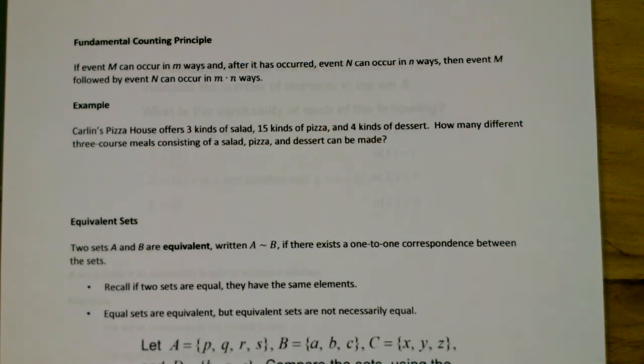For example, Colin's Pizza House offers 3 kinds of salad, 15 kinds of pizza, and 4 kinds of dessert. How many different 3-course meals consisting of a salad, pizza, and dessert can be made? Now this fundamental counting principle works for more than 2 ways or more than 2 events.